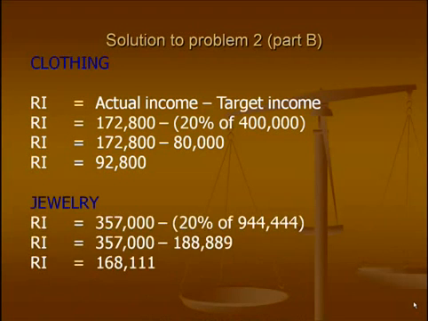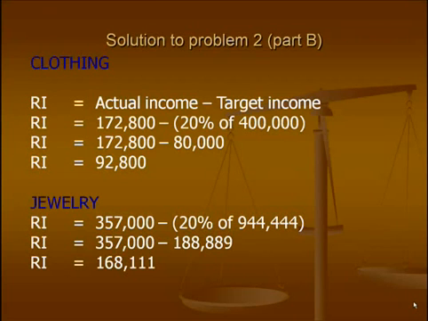Jewelry. The residual income is 168,111. So if we use residual income, we think jewelry is doing much better than clothing. Here's the problem.